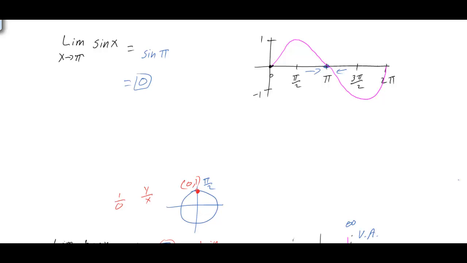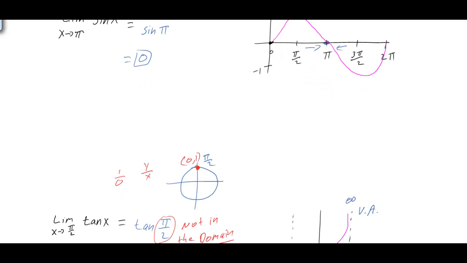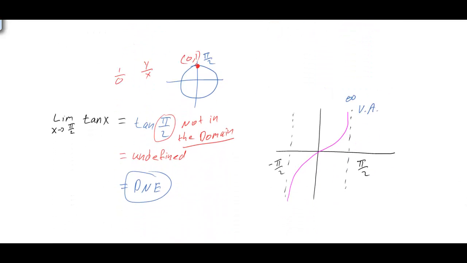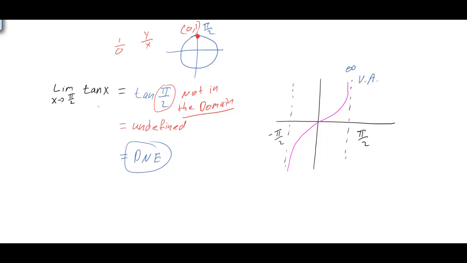And again, even for your trig function, as long as the function is defined at that point. So as a tangent function, we weren't able to take the tangent of pi over 2 with direct substitution because pi over 2 is not in the domain. And graphically, if we look at the limit, we can tell that it does not exist.